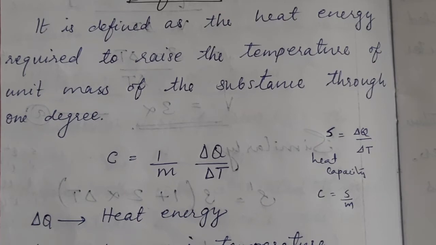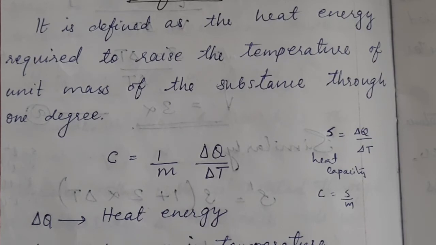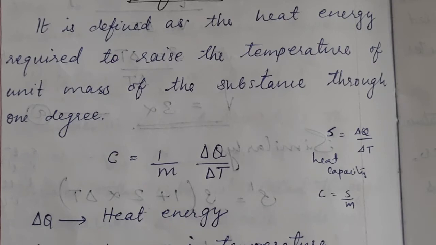Let us be more specific, especially when it comes to gases. We will not express the amount in kilogram. We express the amount in mole, number of moles. So for that we have a term molar specific heat capacity also.